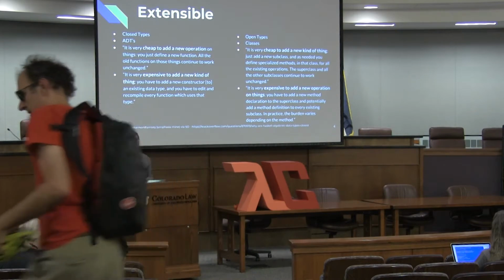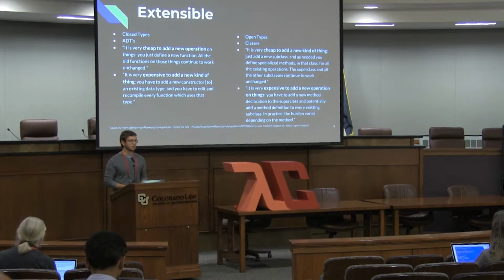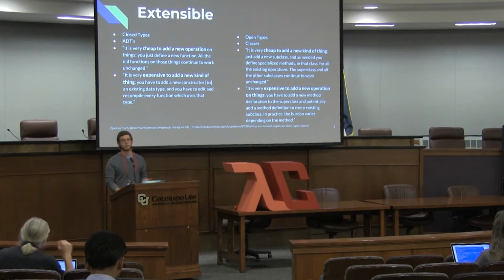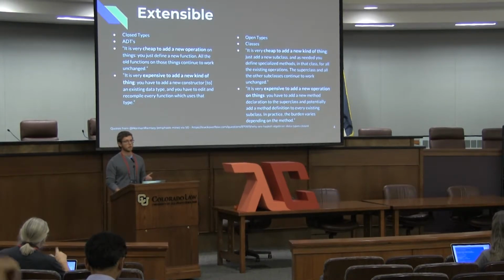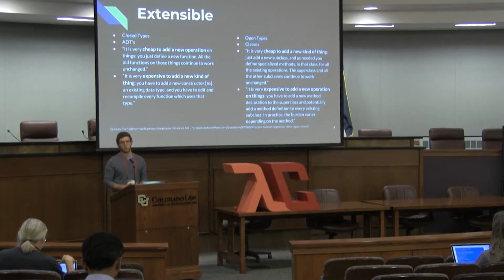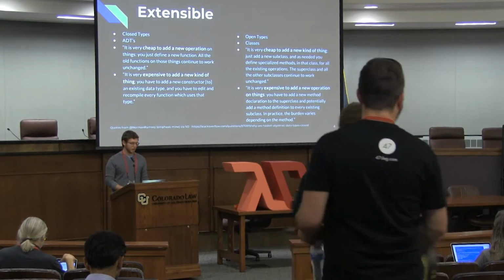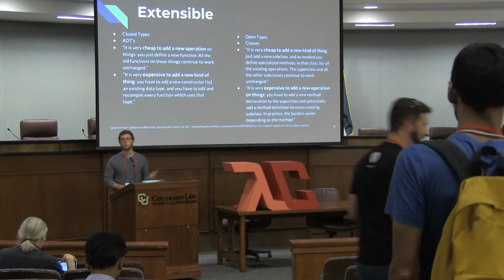So first, we need to know what extensible is. Extensible, when you get down to it, is the attempt to bring closed types and turn them into open types. Closed types are those like algebraic data types in Haskell. They're ones where if you want to extend the type at all, or give it another constructor, you have to go and change the definition of that type. Now, it can be really cheap to add operations on those types.